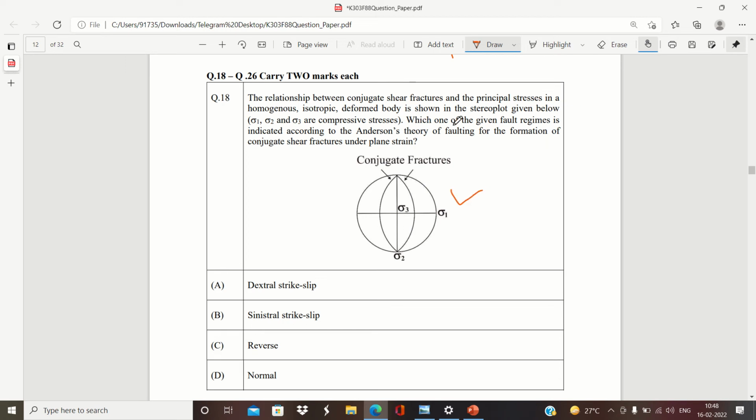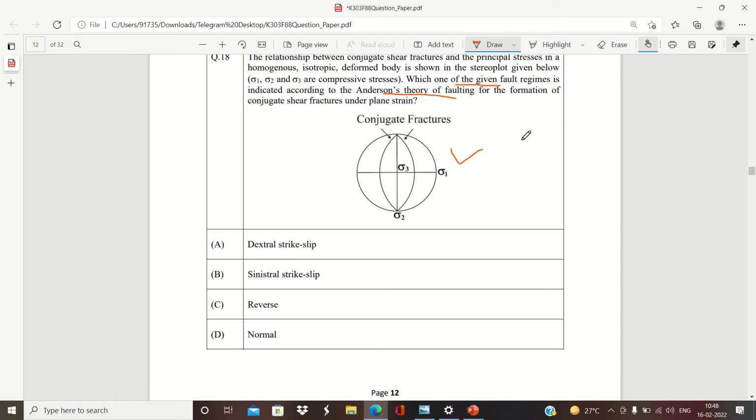Which one of the given fault regimes is indicated according to Anderson theory of faulting for the deformation of conjugate shear fractures under plane strain? According to Anderson theory, if sigma 3 is vertical, it denotes a reverse fault. If sigma 1 is vertical, that denotes a normal fault. If sigma 2 is vertical, that describes a strike slip fault.